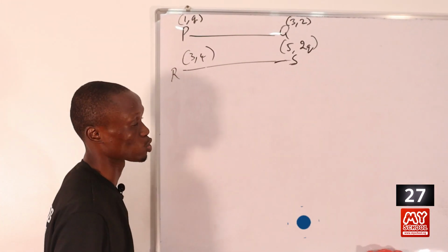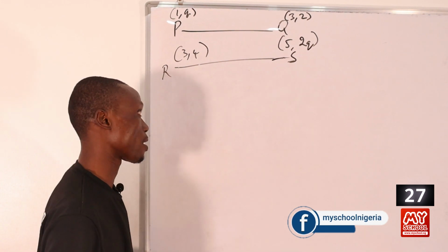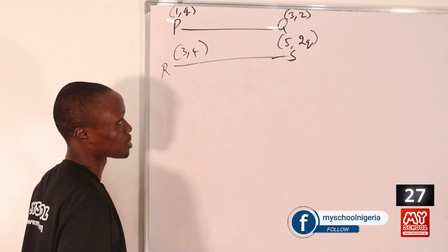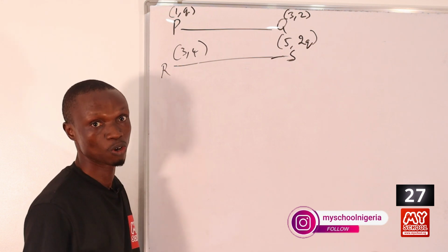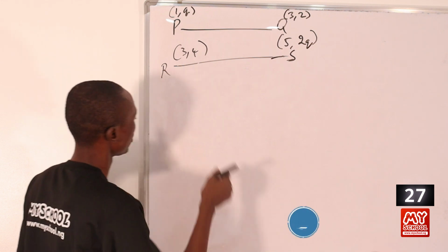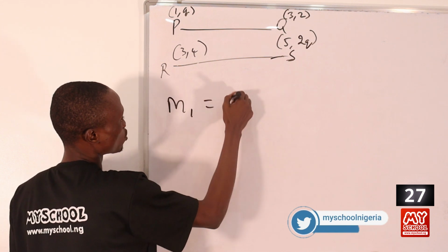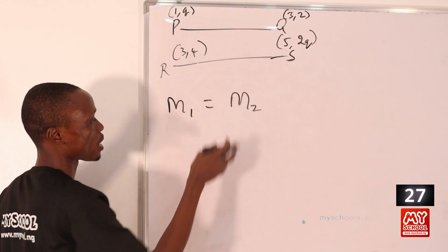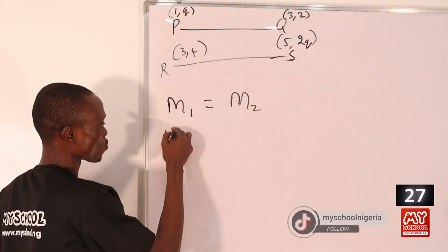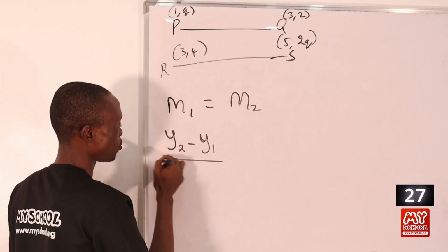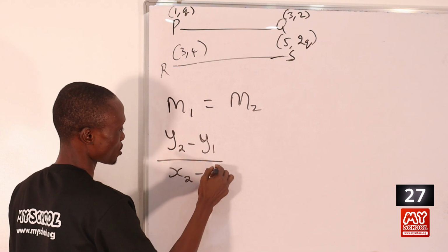So remember, for this question, we're told that the two lines are parallel. If two lines are parallel, that means their gradients are equal if we are to apply the condition for parallelism. So in this case, m1 will be equal to m2 because the two lines are parallel. Remember, for us to calculate gradient, we just use y2 minus y1 all over x2 minus x1.